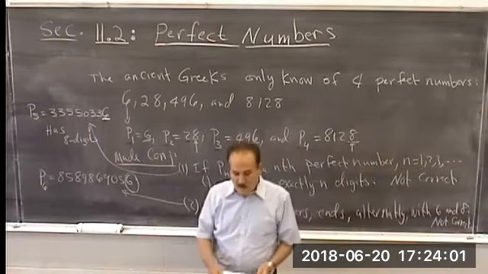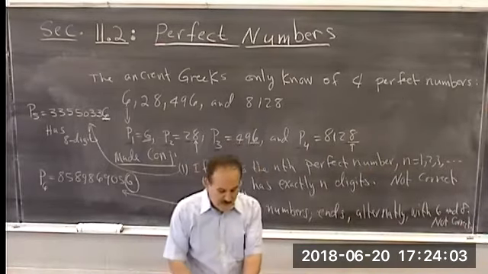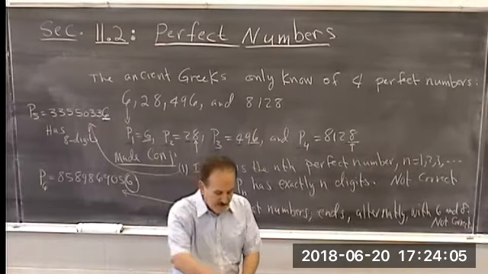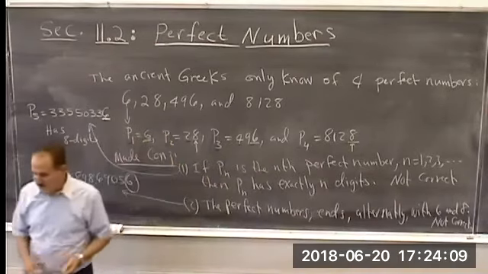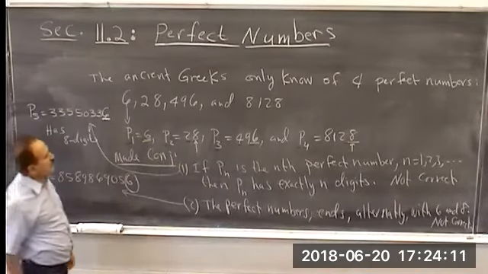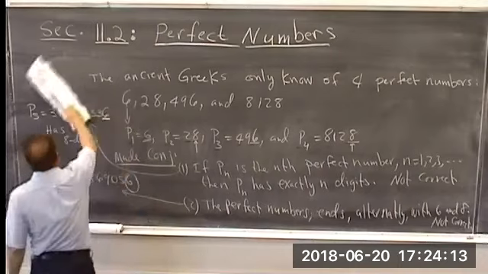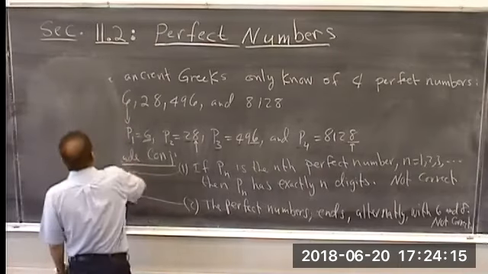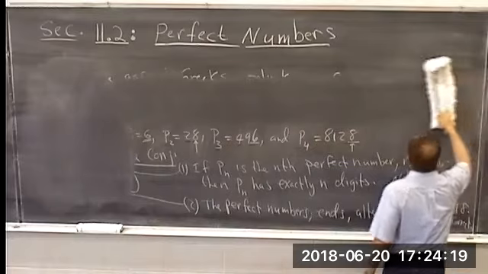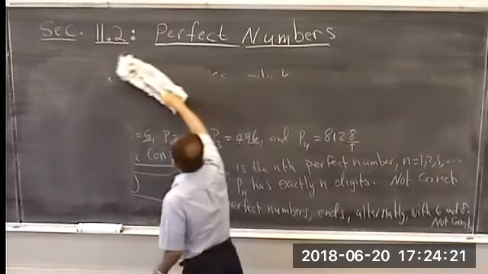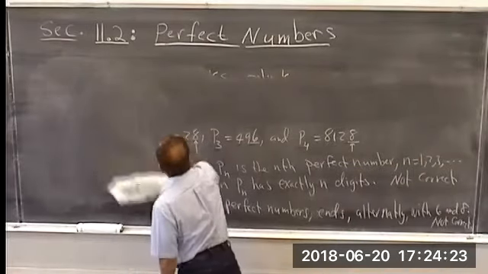However, the Greeks actually were able to determine, and this appears in Euclid's Elements, in the 9th book of Euclid, that if the number is of a certain form, then it is perfect.